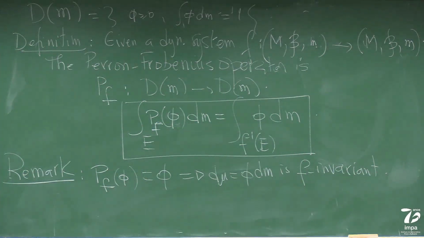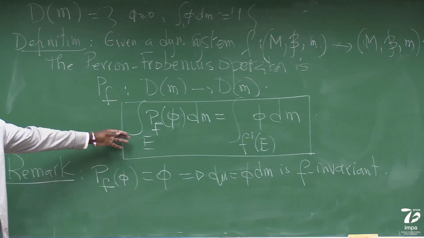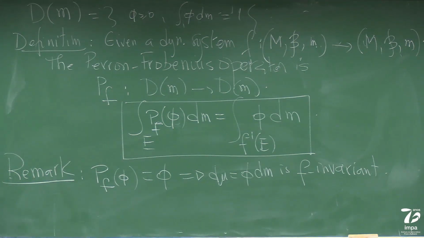Okay. So let's try to find an explicit formulation of this in the case of a full branch map.